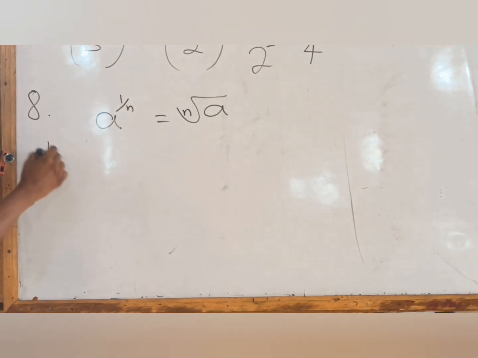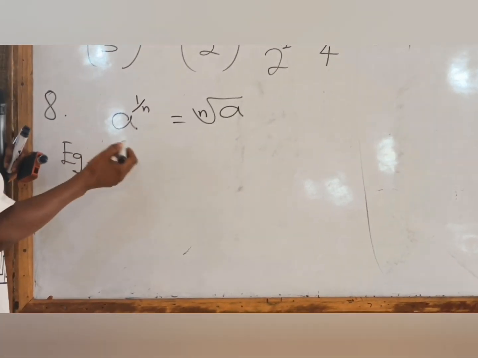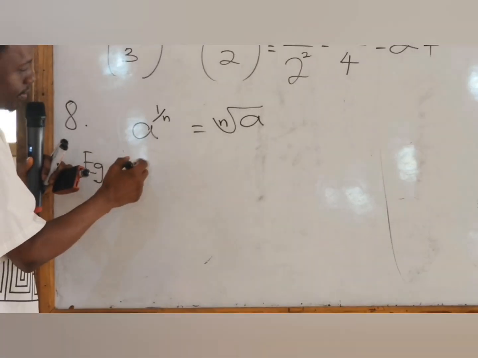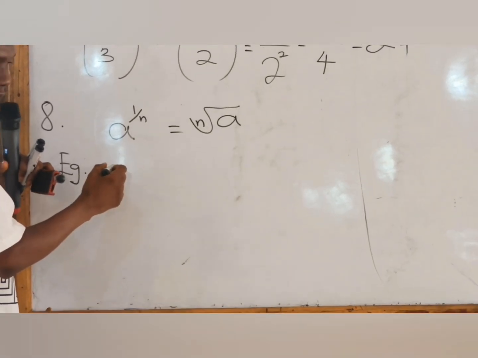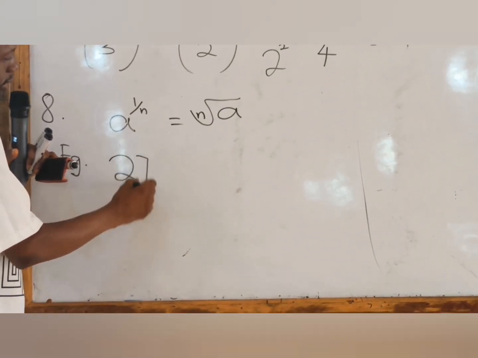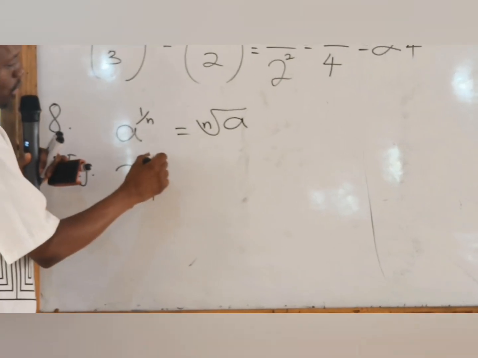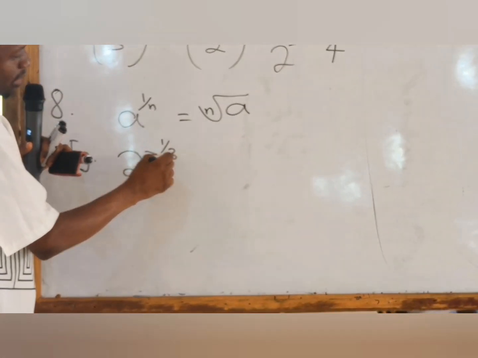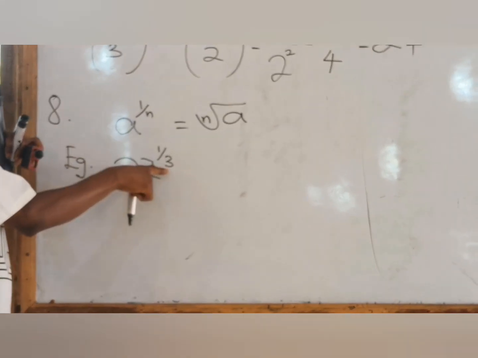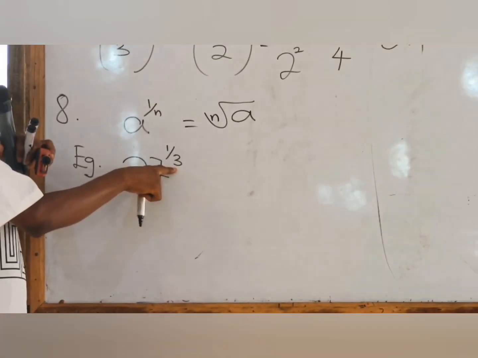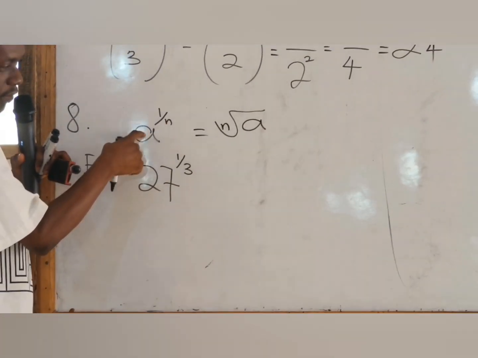So let's solve an example and you see. If you have an example like this, 27 to the power 1 over 3. What is our n? 3. We are taking the nth root of the number.